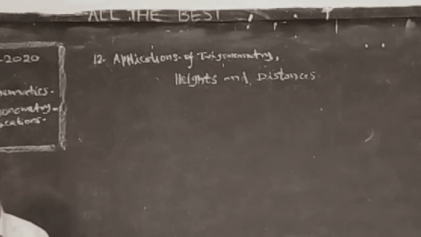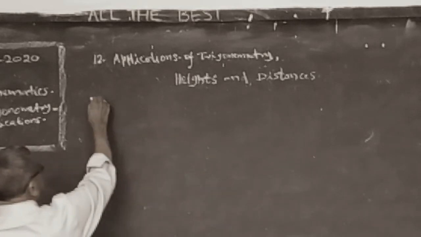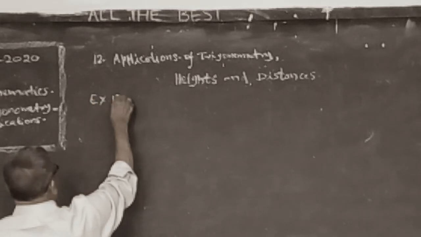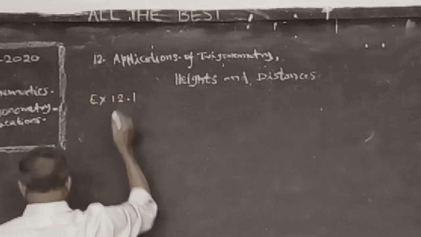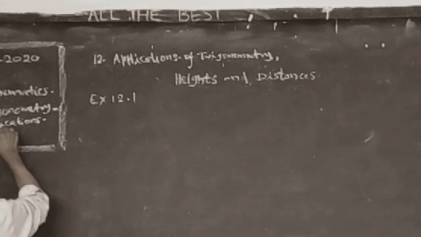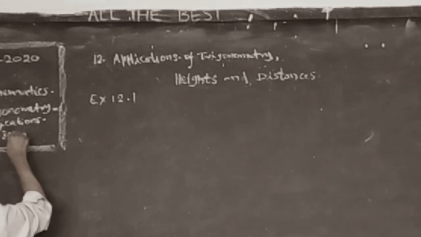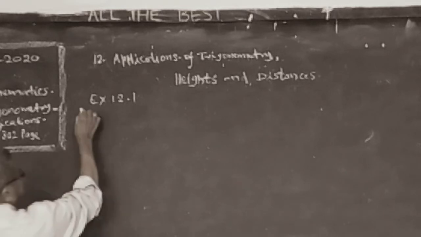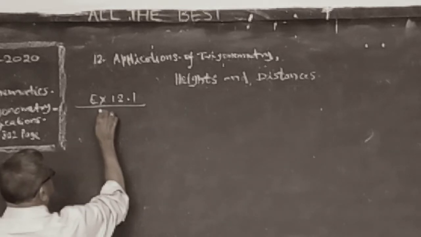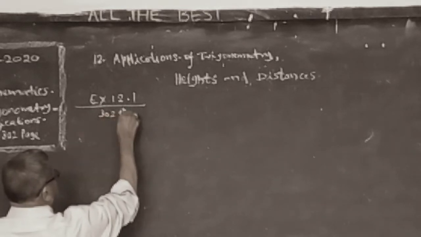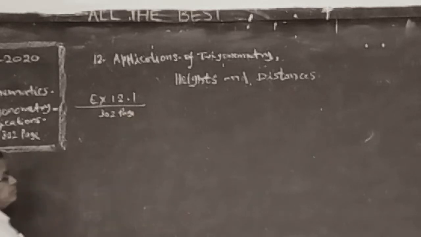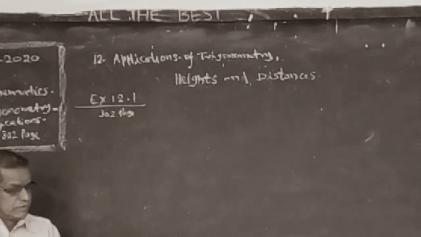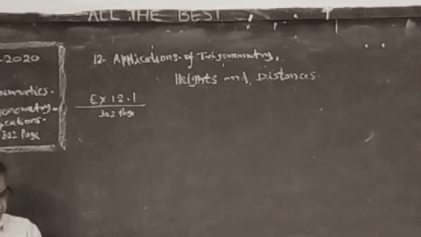First problem, I will read loudly. Exercise 12.1, page 302. A tower stands vertically on the ground.